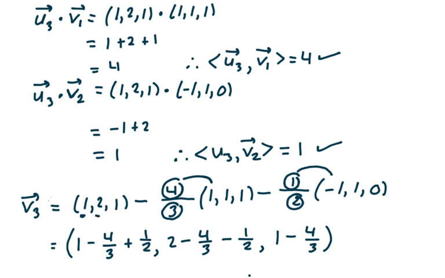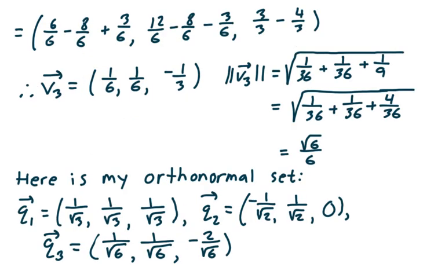I'm going to get 2 minus 4/3 minus 1/2 for the second, and then I'm going to get 1 minus 4/3 for the third component. And when we simplify, V3 ended up being the vector 1/6, 1/6, negative 1/3. Now, we need the norm of V3. The norm of V3 ended up being the square root of 6 divided by 6.